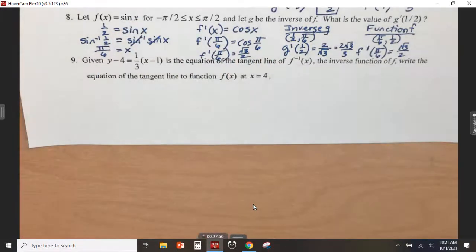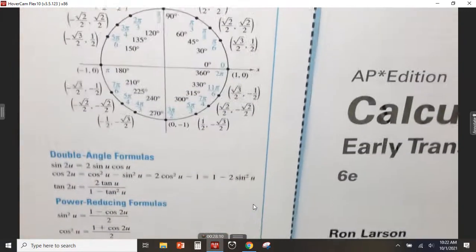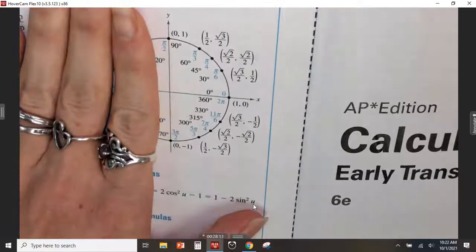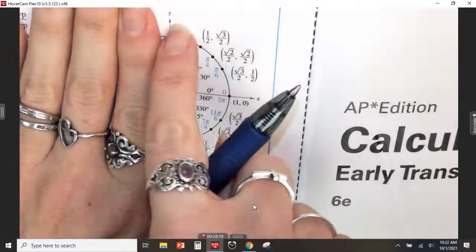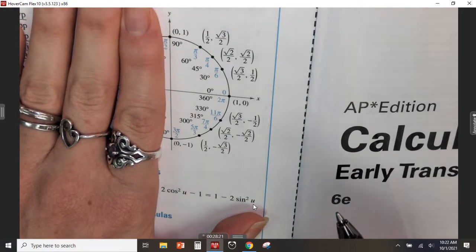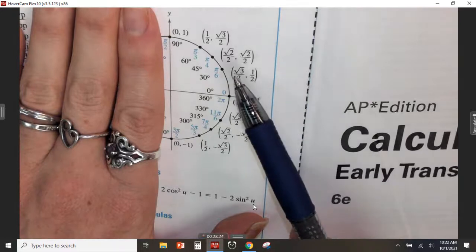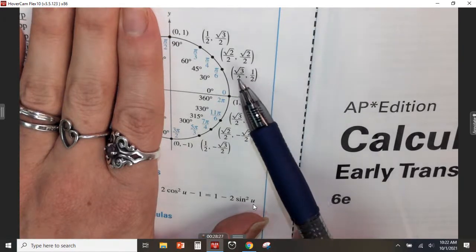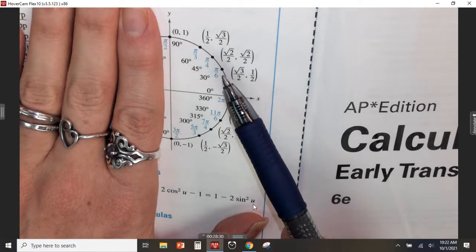Oh, right. Can you explain the inverse sine of 1/2 and how you got pi over 6? Sure. On my unit circle, which I have a picture of in the front cover of my calculus book, if I'm looking from negative pi over 2 to positive pi over 2, where is the y-coordinate equal to 1/2? I can see here is an x and a y. The y is 1/2, and the angle where that happens is pi over 6.